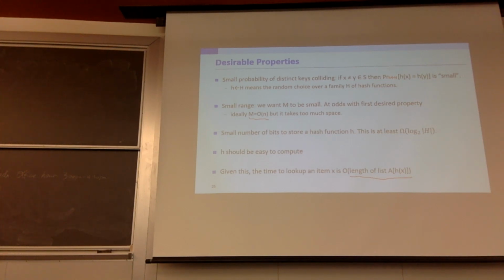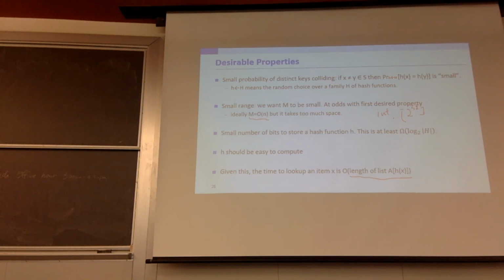Because if you have such a large range, suppose your range is all the valid integers of a 4-byte int, then your range is going to be 2 to the power of 31. If you have a hash function that maps each of these numbers to a range of 0 to 2 to the power of 31 minus 1, it's too big to be practical, right?